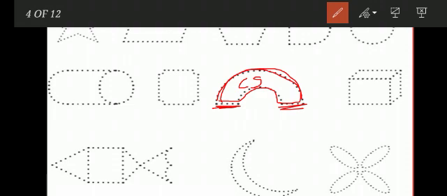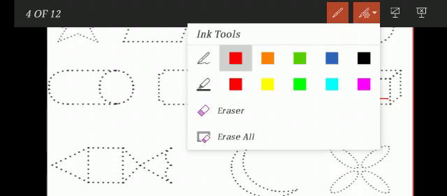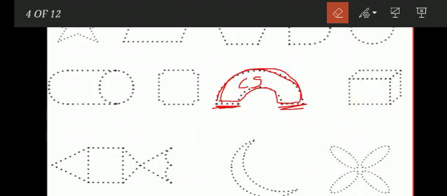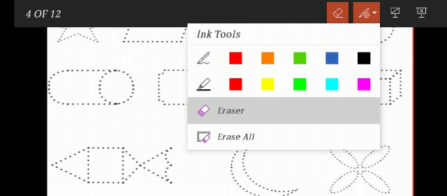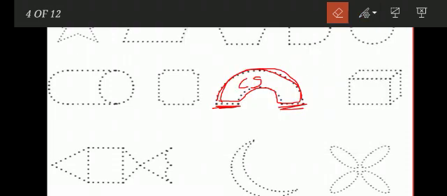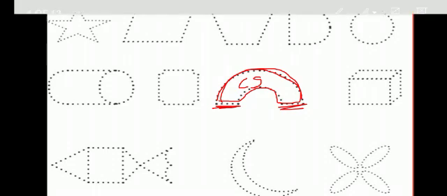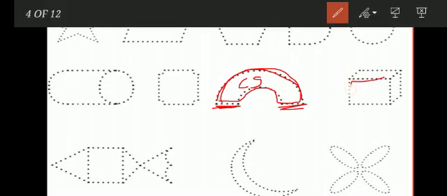The next one. We draw the line on the dotted lines. Then we write whether this is a curved line, straight line, or curved and straight lines.